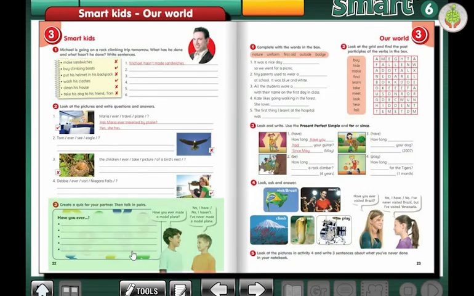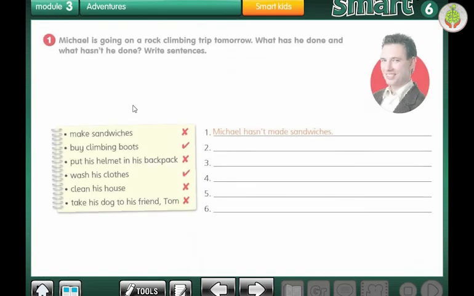Let's start with exercise 1. Michael is going on a rock climbing trip tomorrow. What has he done and what hasn't he done? Write sentences. Okay, so make sandwiches. Michael hasn't made sandwiches. Buy climbing boots.